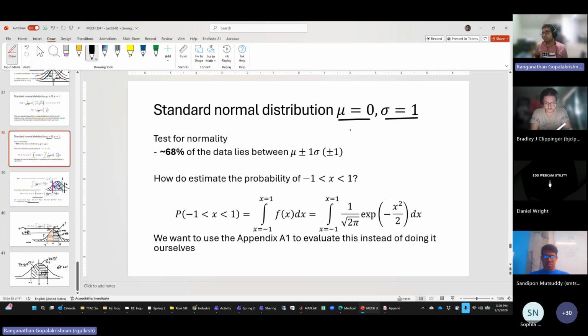But all the arguments that you make here can be extended to the case where mu is some arbitrary value and sigma is some arbitrary value. Okay, I got it. So instead of saying -1 to +1, we will say -1 sigma to +1 sigma. Instead of assuming mean is 0, we'll say mu plus sigma and mu minus sigma. That's all.